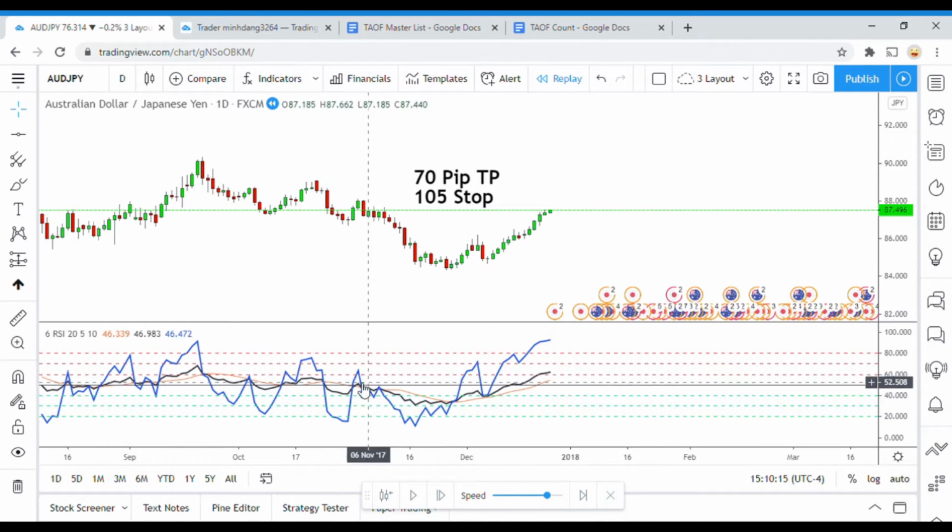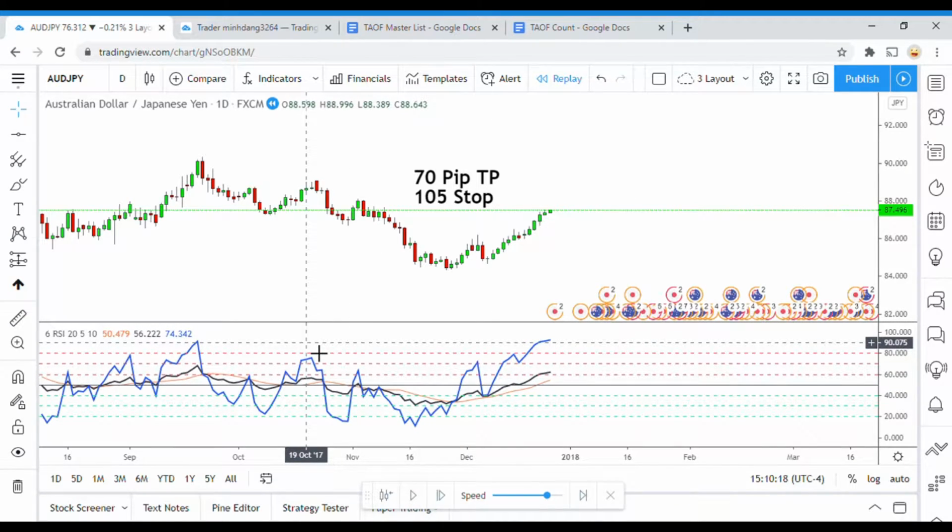And so, the original RSI that we tested, I believe this is on a different period than the original RSI. Not sure off the top of my head, but if you want to go back and watch that video, you're more than welcome to.